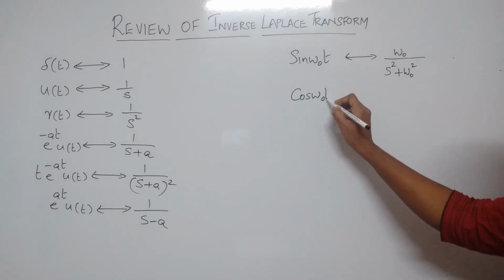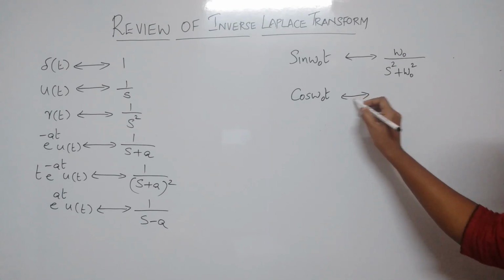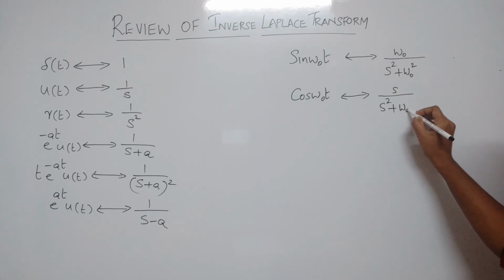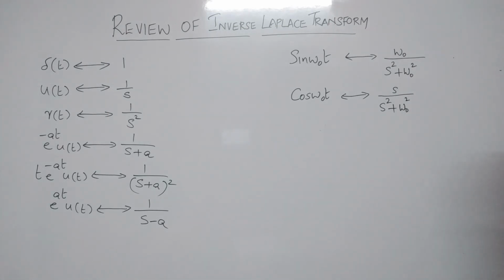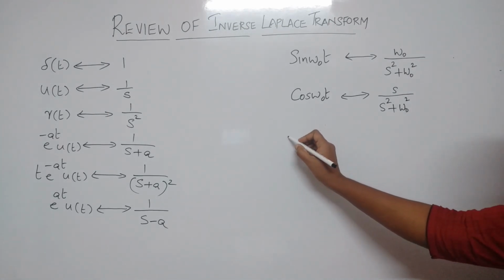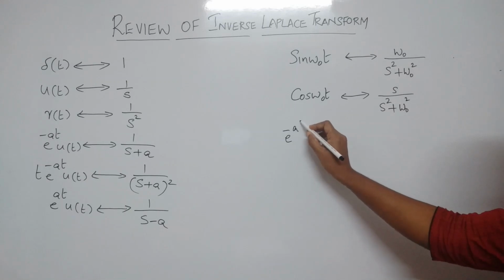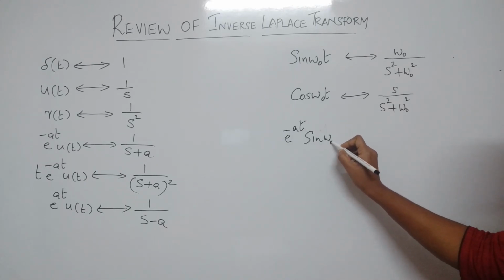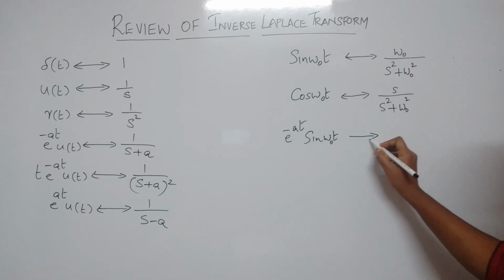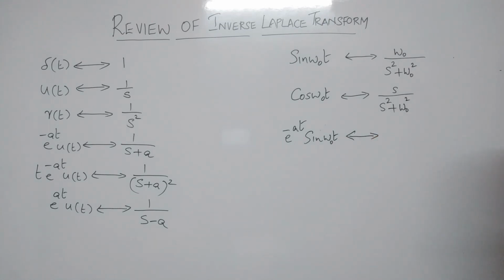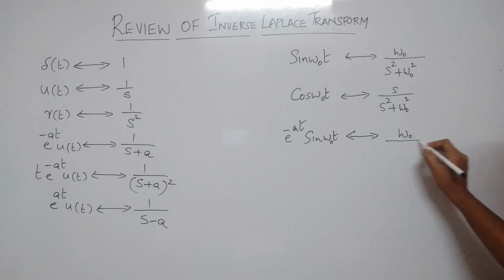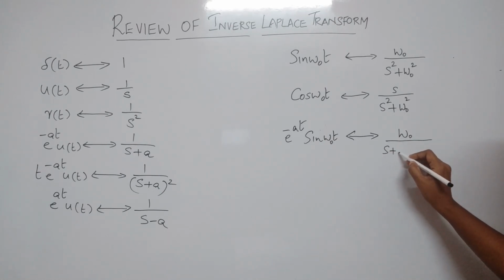Laplace transform of cos omega naught t is s by s square plus omega naught square. Then e raised to minus at sine omega naught t: you can apply the frequency shifting property, so all s should be replaced by s plus a.